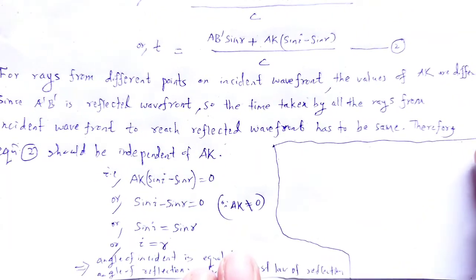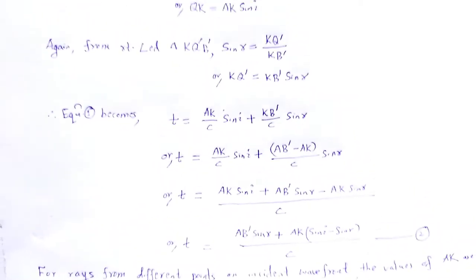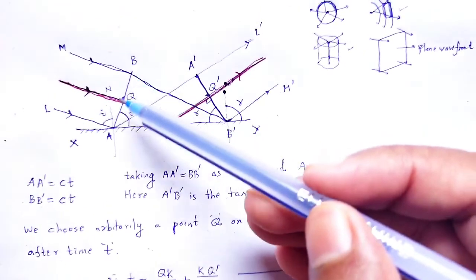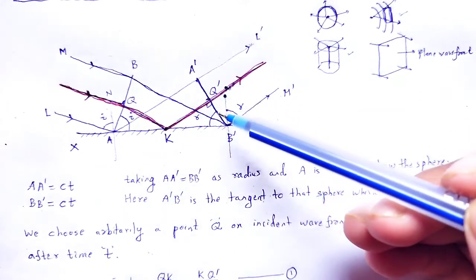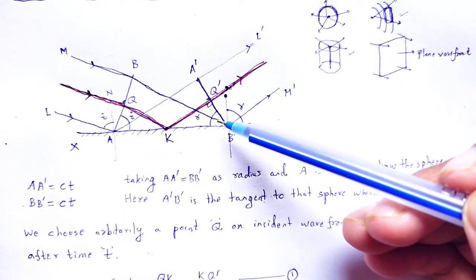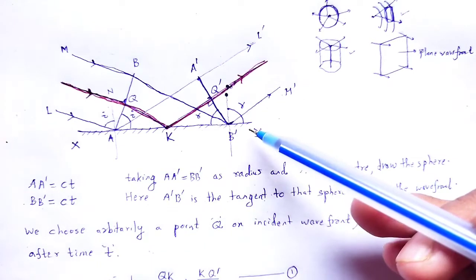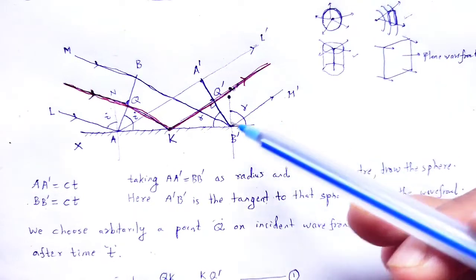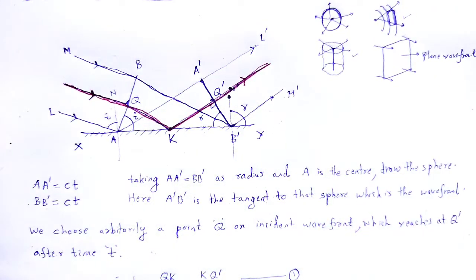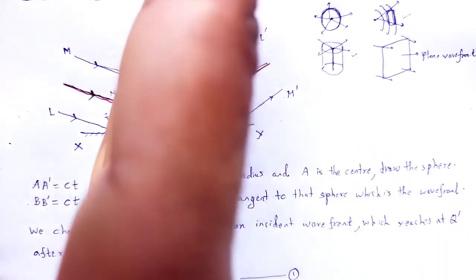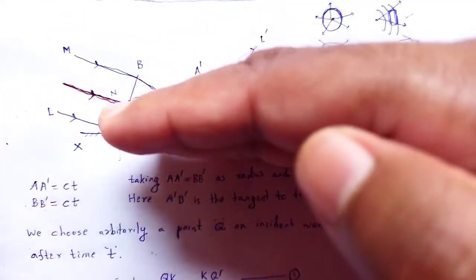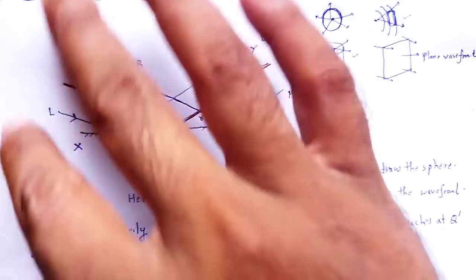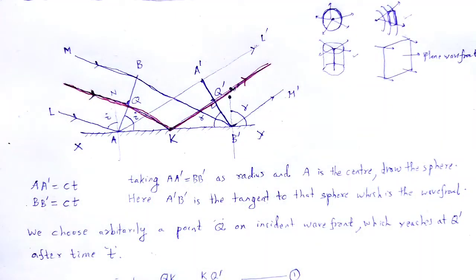Now, the incident wavefront AB, the reflected wavefront A'B', and the reflecting surface XY all are perpendicular to the plane of the paper. Here is the surface XY, that is the incident wavefront, that is the reflected wavefront, all perpendicular to the plane of the paper.